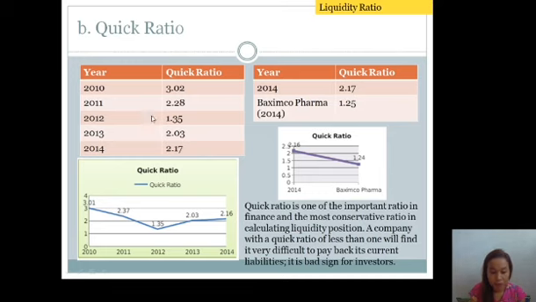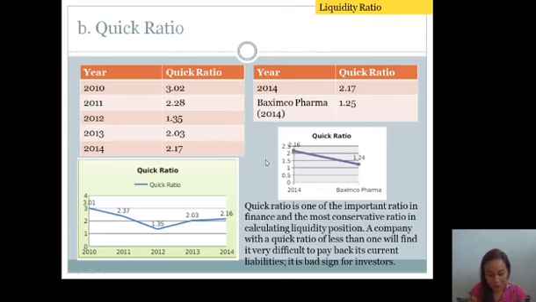In 2012, it changed significantly because more inventories were purchased compared to other years. However, the decrease does not have that much negative impact because the quick ratio was better than the benchmark of 1, which is good.